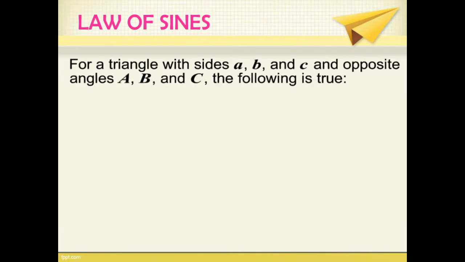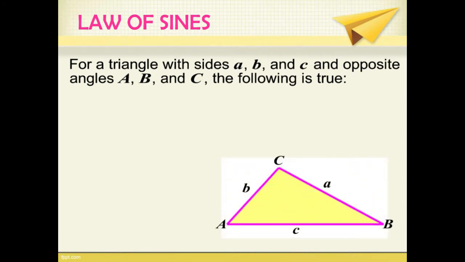So, for a triangle with sides a, b, and c, and opposite angles A, B, and C, the following are true. Sine A over a is equal to sine B over b equals sine C over c. So the sine of an angle over its opposite side will be equal to the sine of another angle over its opposite side and equal to the sine of the third angle over its opposite side.